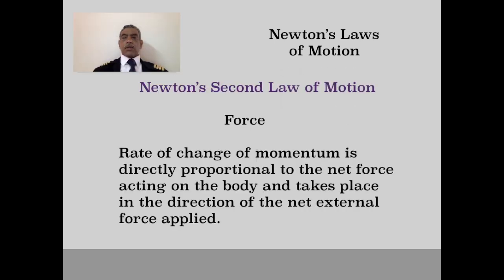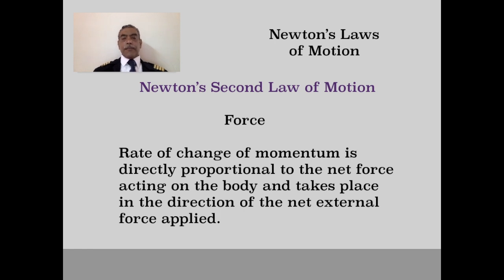Okay, let us get on to Newton's second law of motion. From the first law, we derived the concept of inertia and mass, and we related this mass and velocity to inertia, and we called it momentum. So now we are going to define and refine this concept further. In Newton's second law, we are going to define the force.